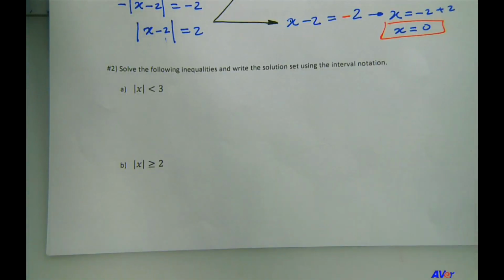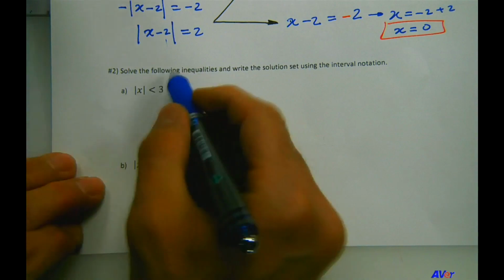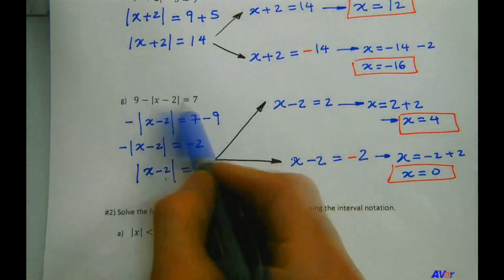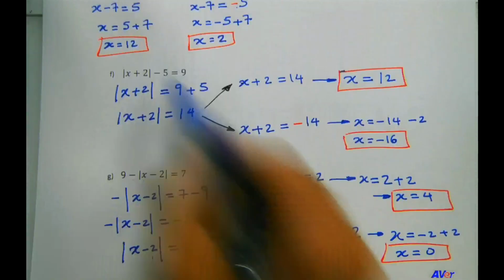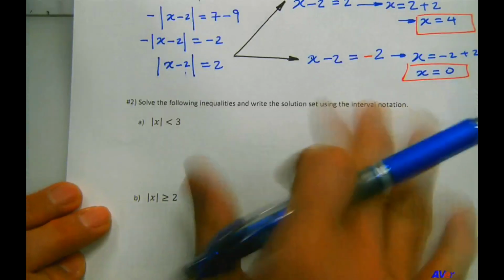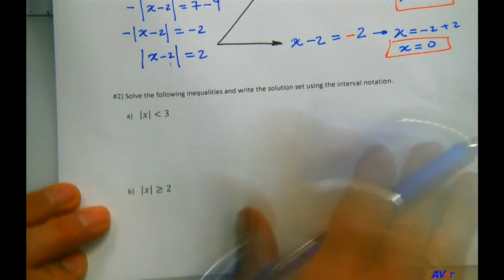Okay, so next it says solve the following inequalities and write the solution set using the interval notation. That's very interesting. Why? Well, first, now we're making the transition. We were solving absolute value equalities, but now we're making the jump to absolute value inequalities.